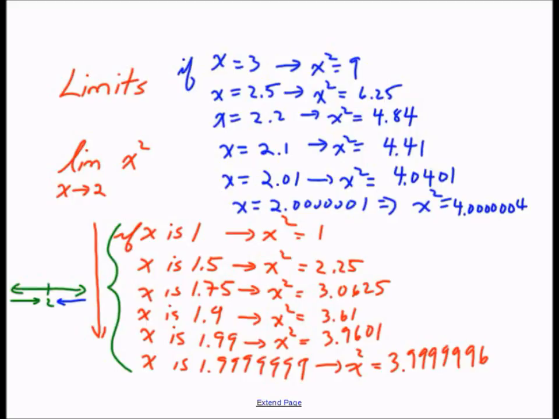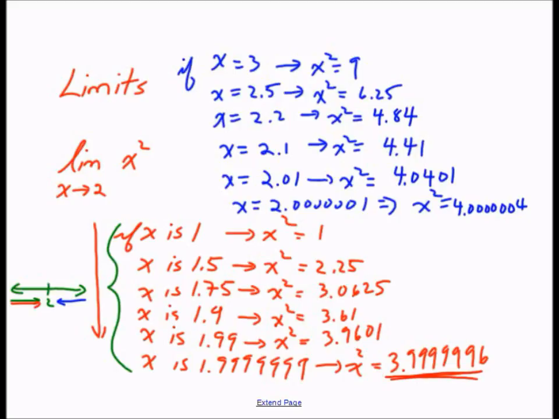All right, so this is a very important concept in calculus, limits. As x approaches 2 in this function, x squared, as x approaches 2 from the negative side, coming from this side, what is happening? x squared is getting closer and closer to the number 4.